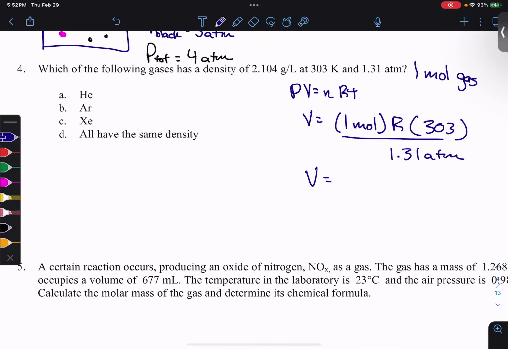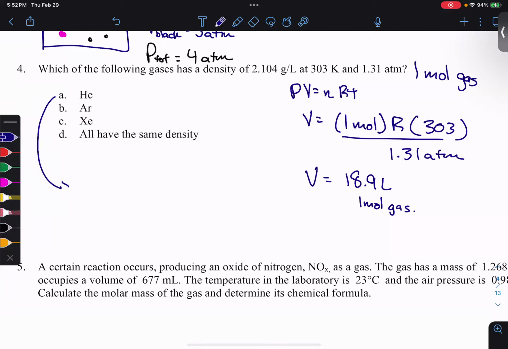So the volume of this gas sample that contains 1 mole is something like 18.9 liters. So this is 1 mole of gas. Any gas sample, as long as you have 1 mole, will occupy 19 liters. So all of these gas samples can occupy 19 liters.